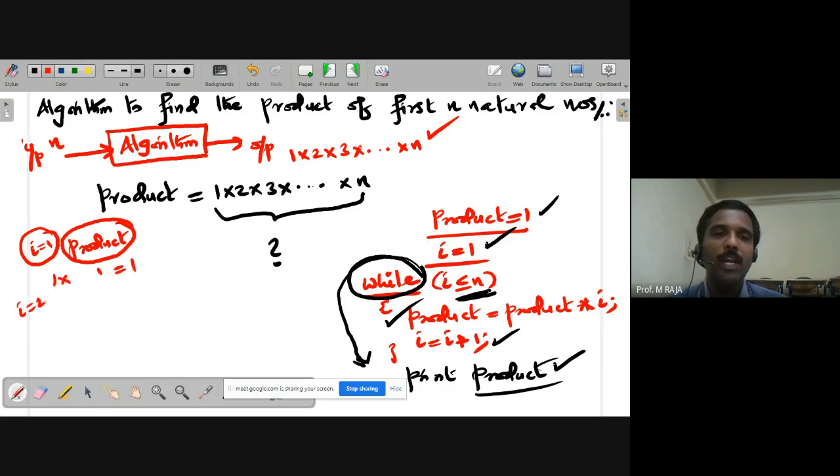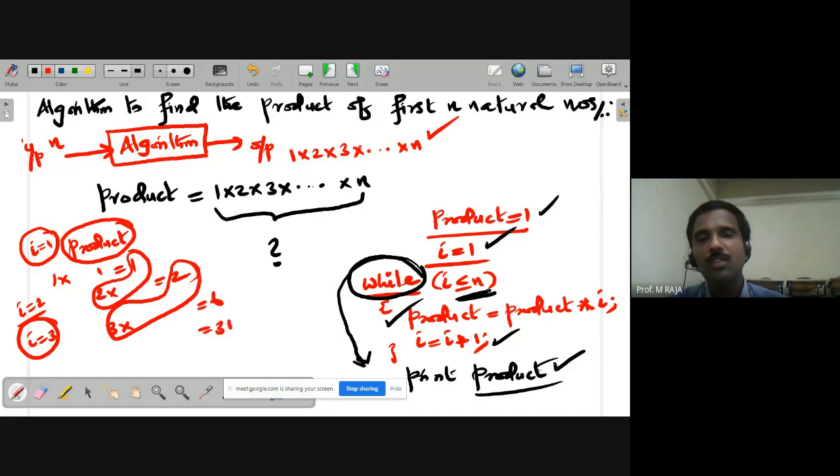Then increment I by 1, I becomes 2. Current I is multiplied with this one, 2 into 1, 2. Then increment I by 1, I becomes 3. Current I, 3 is multiplied with the updated product variable. 3 into 2 is equal to 6. This is 3 factorial.